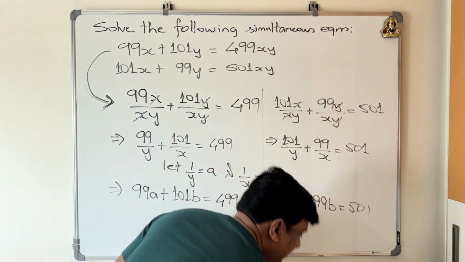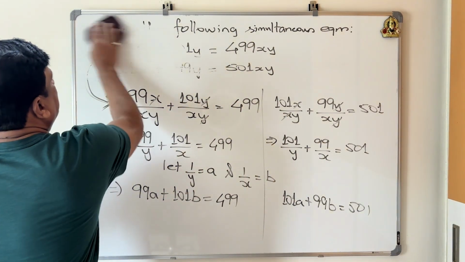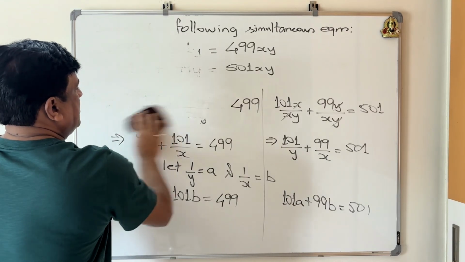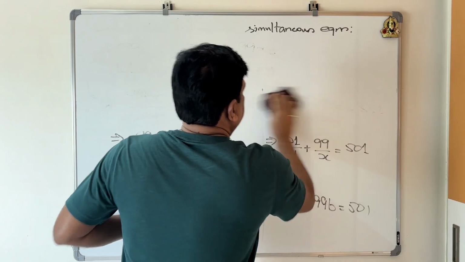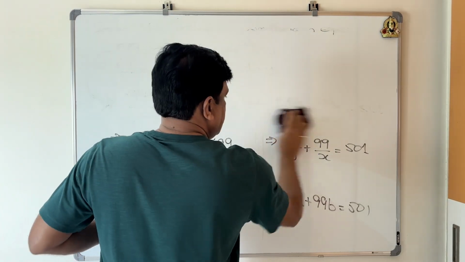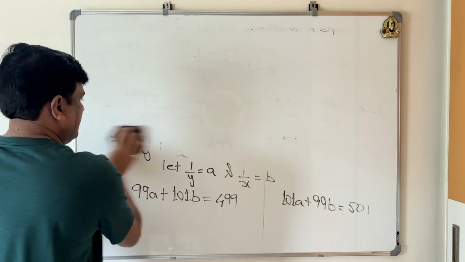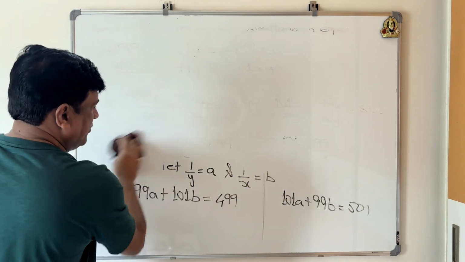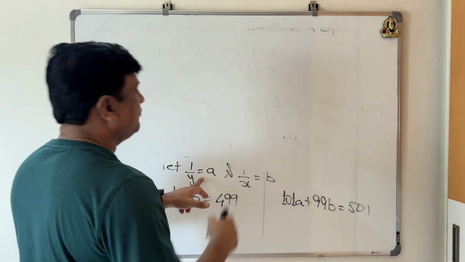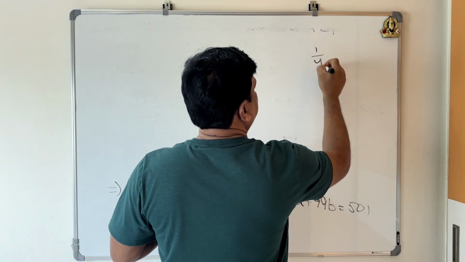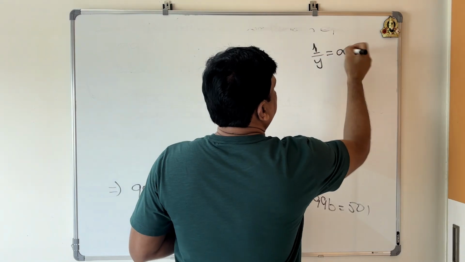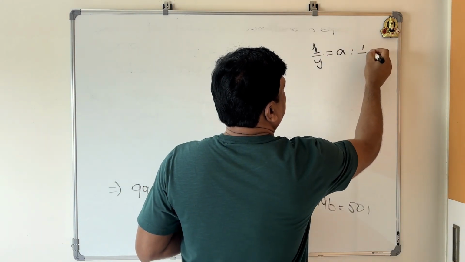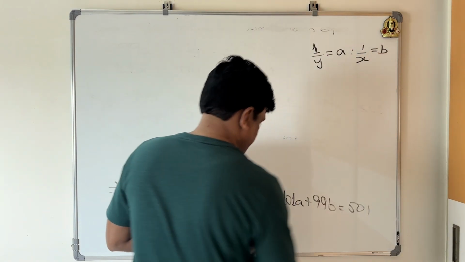Let me rub the portion above. Remember this one, we'll keep this one aside because we have to replace this after solving everything so that we get the values of x and y later.